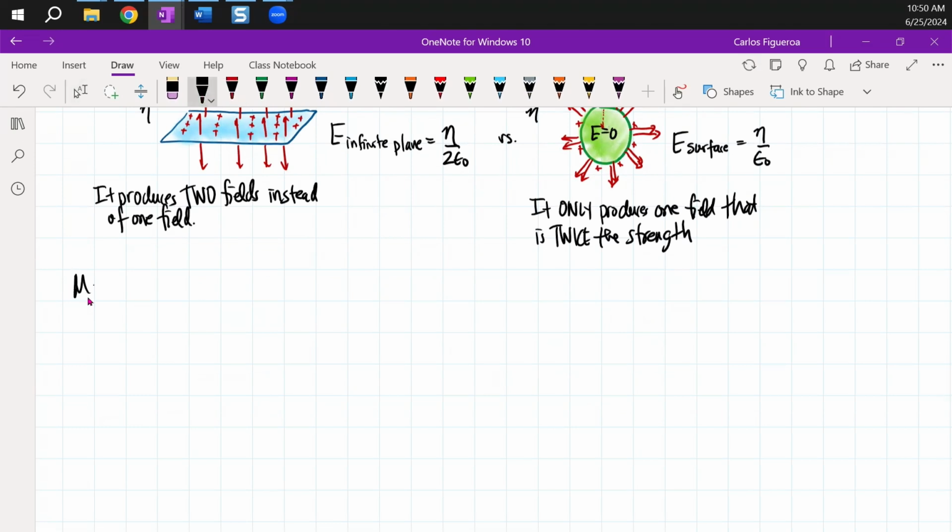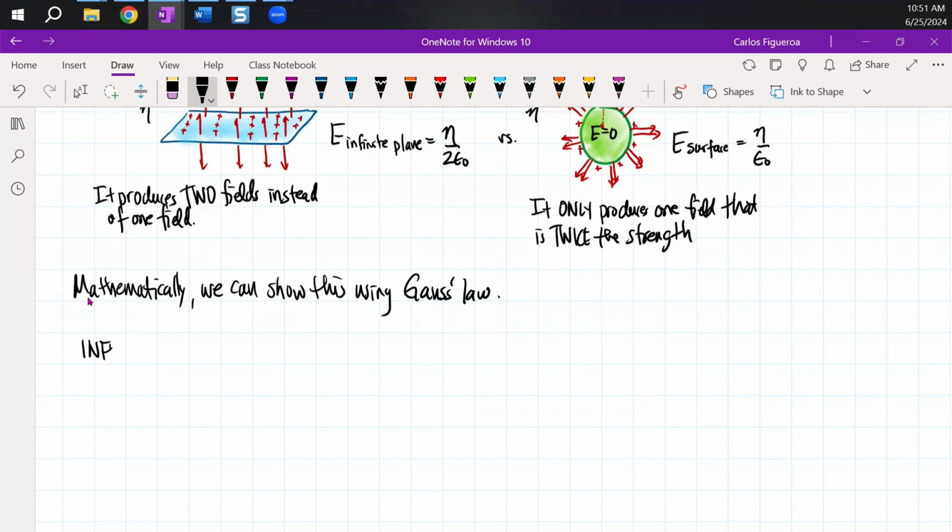Mathematically, we can show this using Gauss's law. So let's start with the infinite plane. Here I'm going to pick a Gaussian cube.